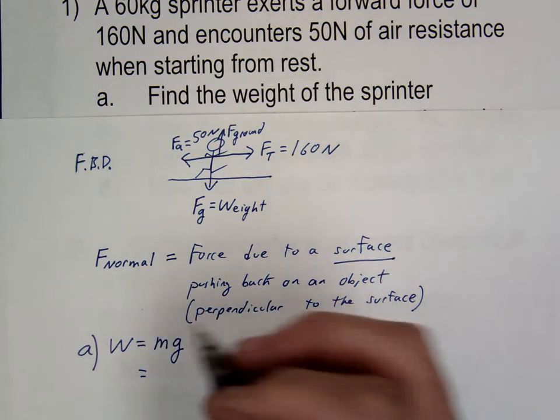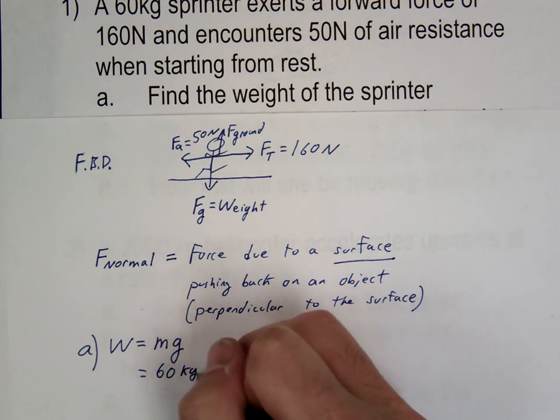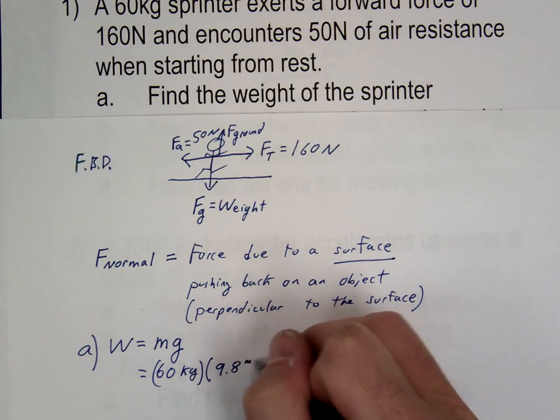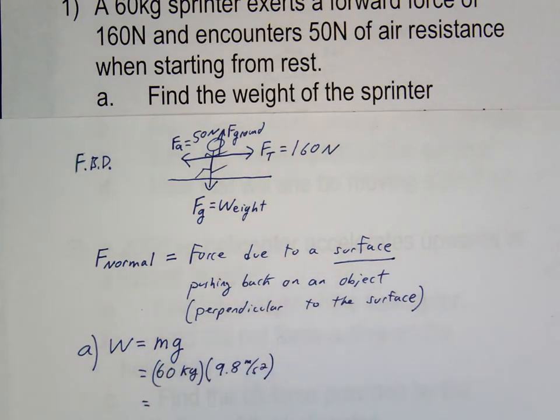Sometimes they'll say, what's your weight on the moon? Typically we are not going to be using negative 9.8 here. We're going to deal with that negative in a different way. So go ahead and just leave it positive. So what's 60 times 9.8? Pull out your calculators if they're not out yet.